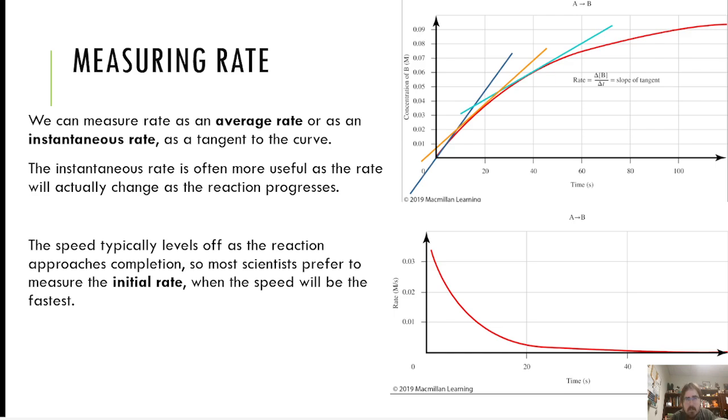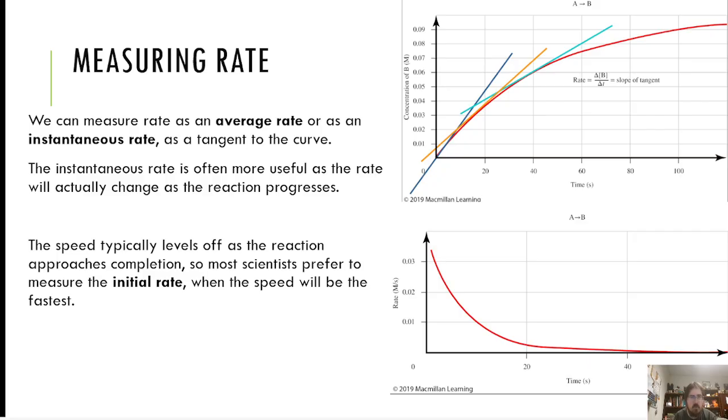An instantaneous rate is when we take the tangent to the curve, a point where a slope only touches this curve one time. We'll often use this as the initial rate. We'll only really look at how fast it is initially going, and not so much about when it starts to peter off.